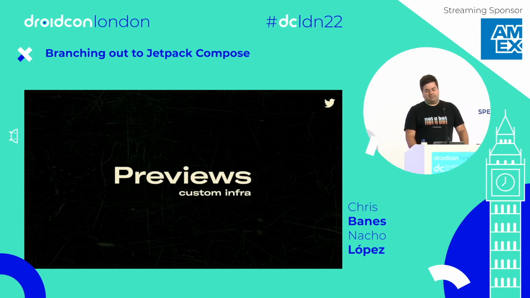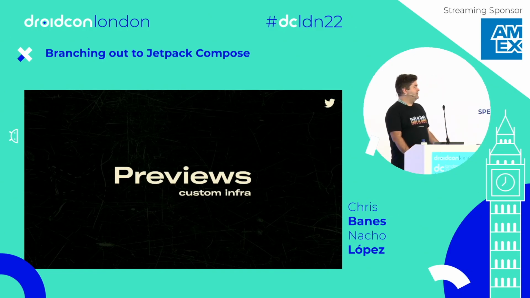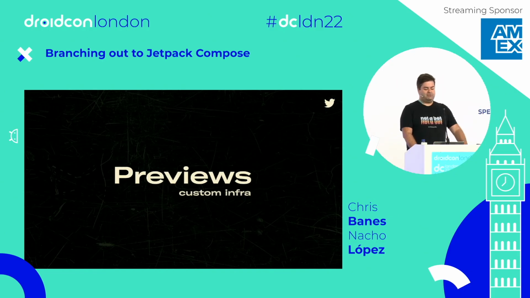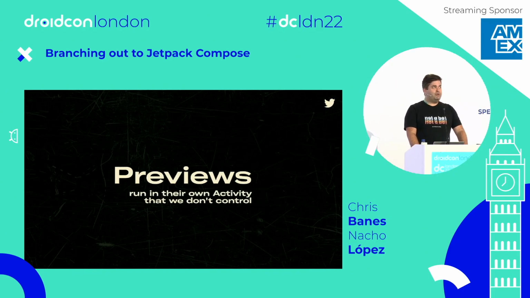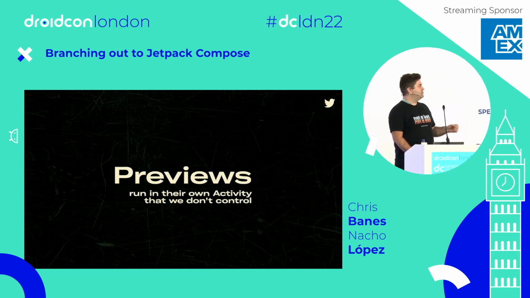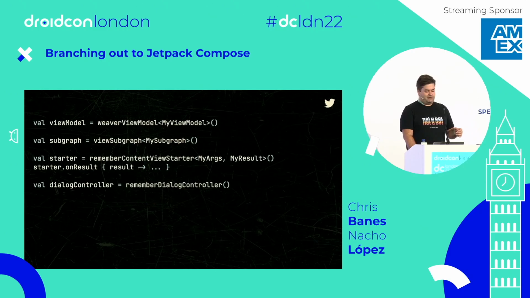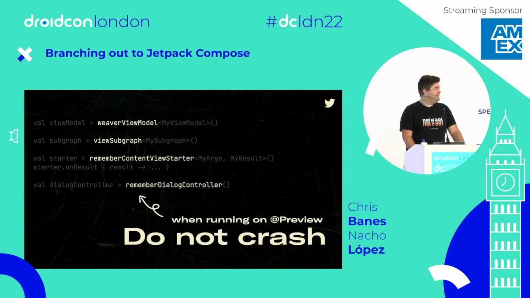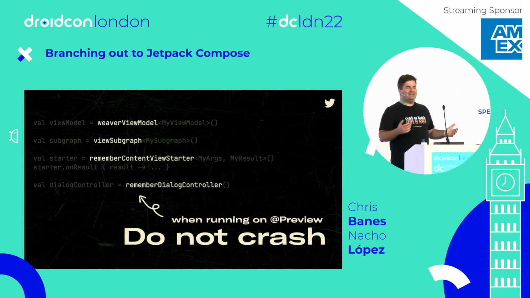Let's talk a little bit about how previews work when you use a lot of custom infra, like I mentioned that we do. Previews run in their own activity. You don't control it. It's a very bare bones activity, right? So for example, these are a couple of examples of the custom composables that we use that are tied to our infra. We don't want them to crash, but why would they crash?